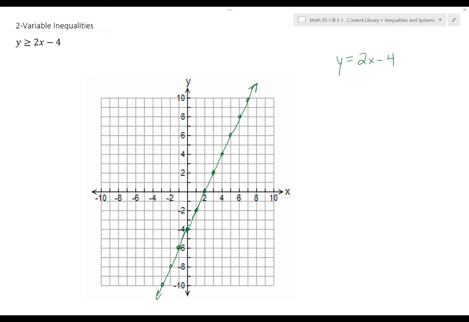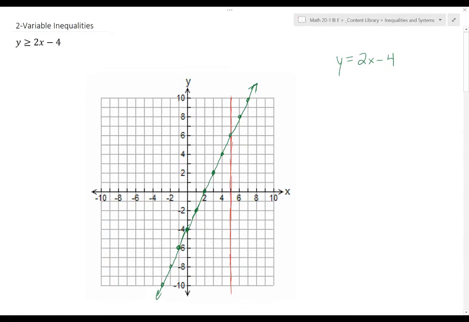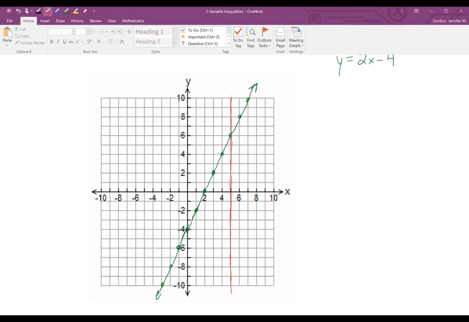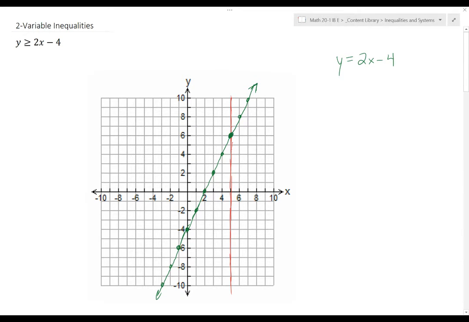So if I consider a particular value of x, so let's say x equals 7 here. There's a vertical line where every point on this line has an x value of 7. What I'm wanting to include in this solution to this inequality are all of the points where the y value is greater than or equal to 2x minus 4. So the green point, the point on the line right here, that's where y is equal to 2x minus 4. 6 is equal to 2 times 5 minus 4.